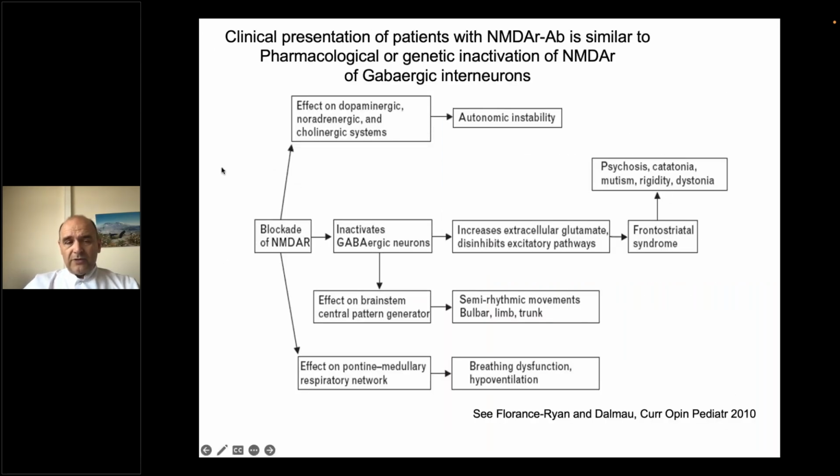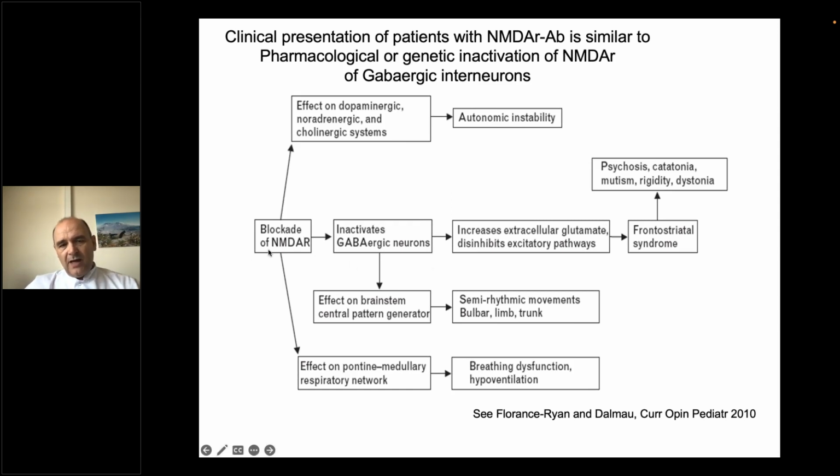Another important point is that if you use drugs to block NMDA receptors, you will observe exactly the same symptoms. And one is very important, ketamine, which is largely used in anesthesia.